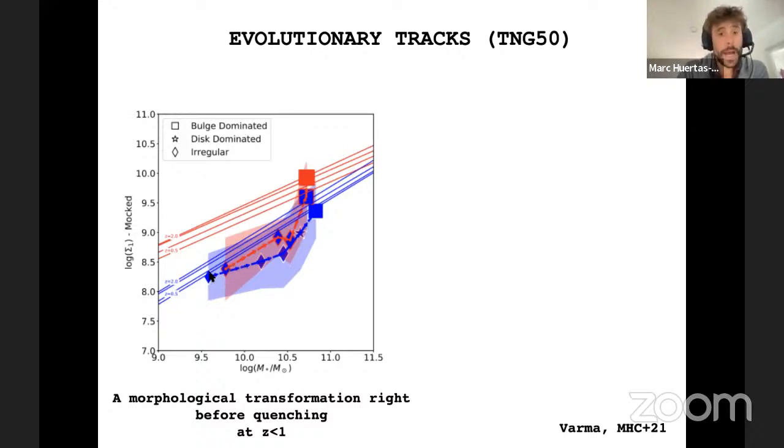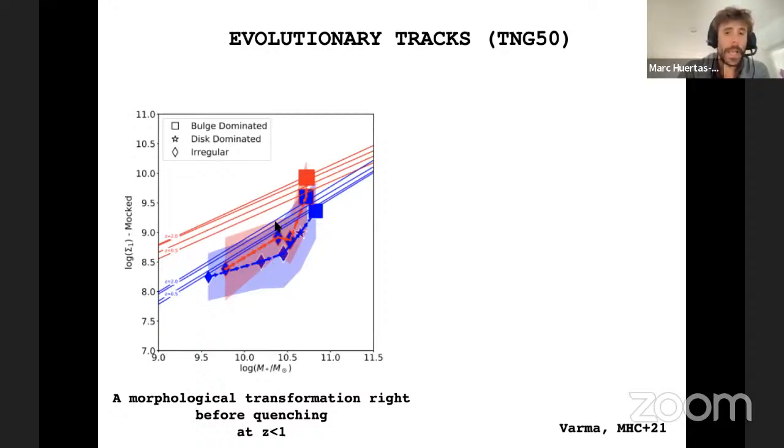When you look at these tracks, that go from here to here, what you see is that galaxies more or less evolve growing in stellar mass. They grow a little bit in stellar density, and they remain irregular and clumpy up to redshift 1-ish, more or less.